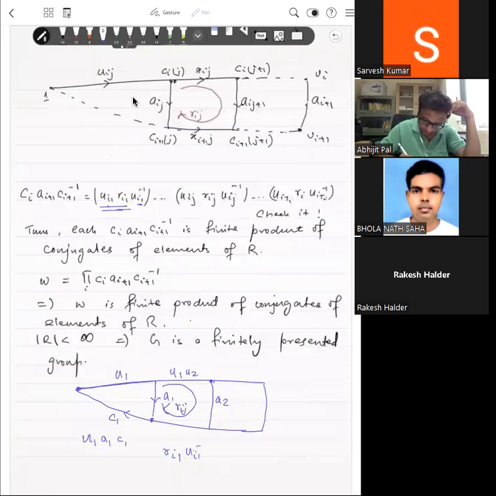So what I want here is RI1, UI1 inverse.